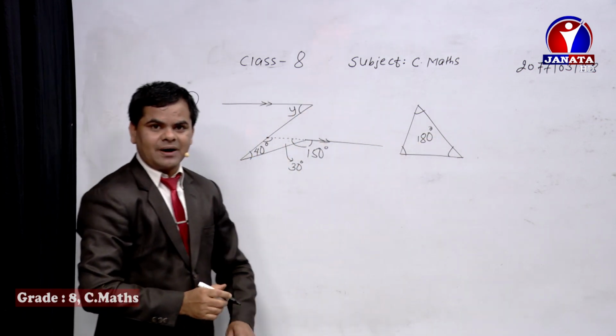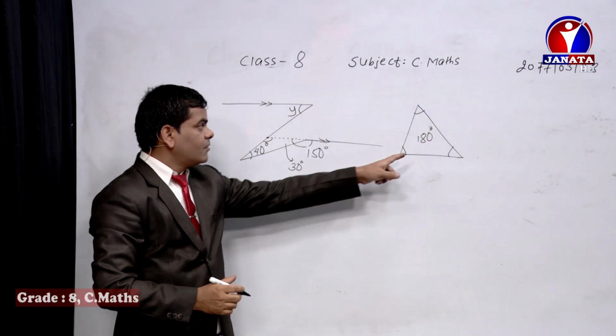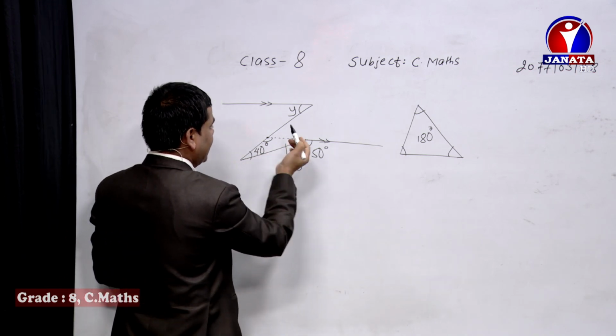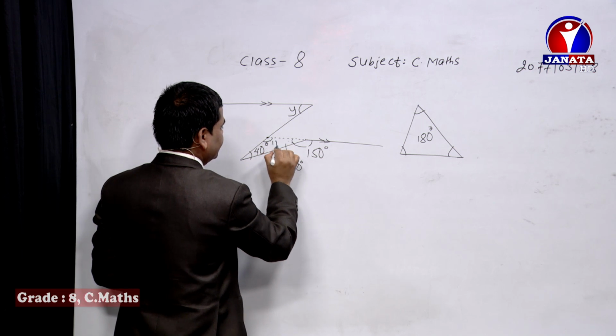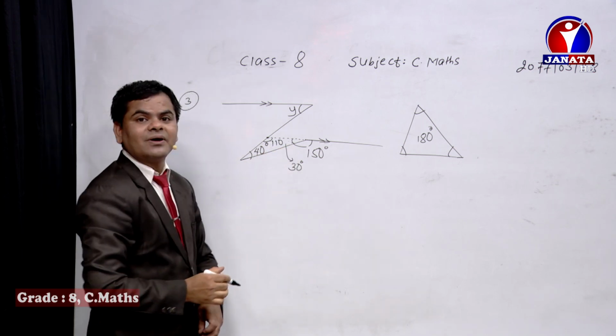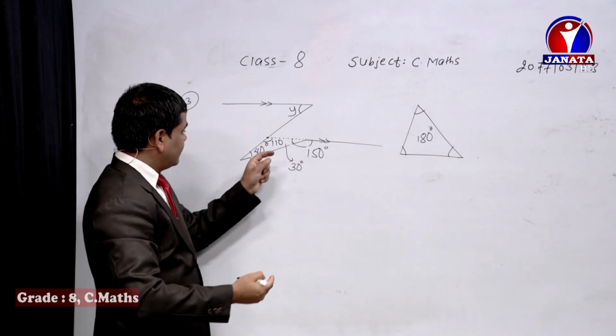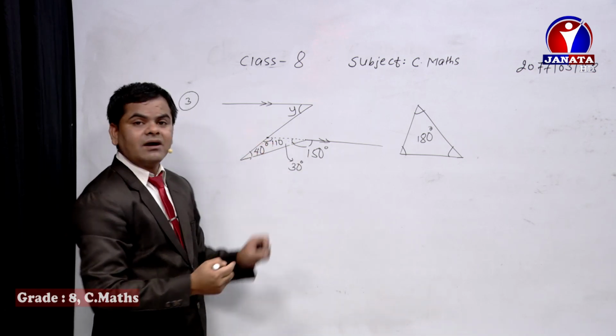We have learned this in the junior classes. So here is 40, here is 30. Now here will be 110, dear student, isn't it? 40 plus 30 is 70. To be 180, there must be 110.